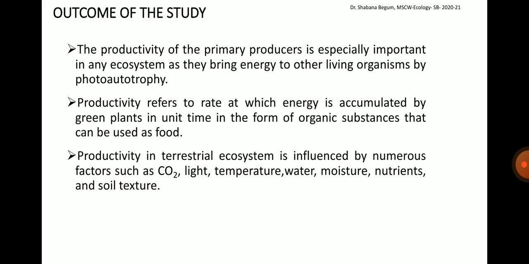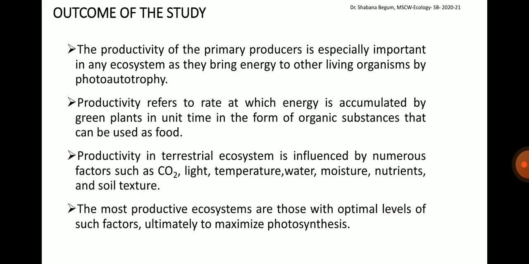The productivity in a terrestrial ecosystem is influenced by numerous factors such as carbon dioxide, light, temperature, water, moisture, nutrients, and soil texture. Lastly, the most productive ecosystems are those with optimal levels of such factors, ultimately to maximize photosynthesis.